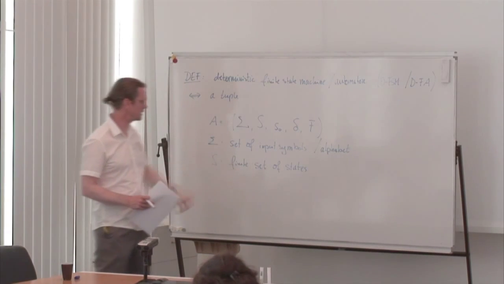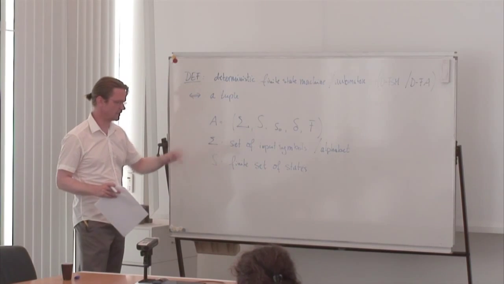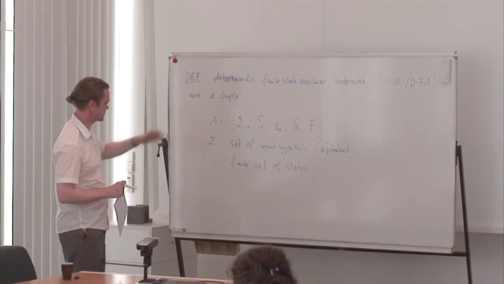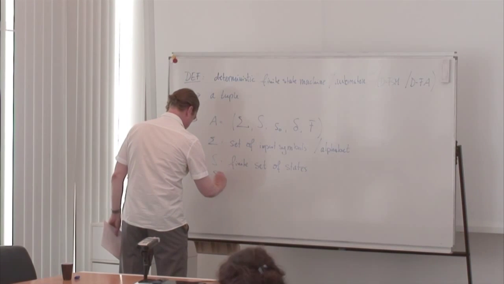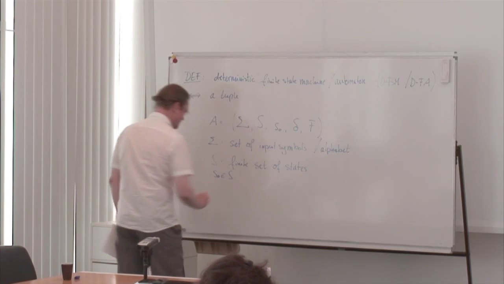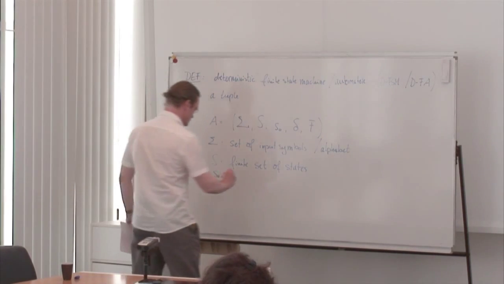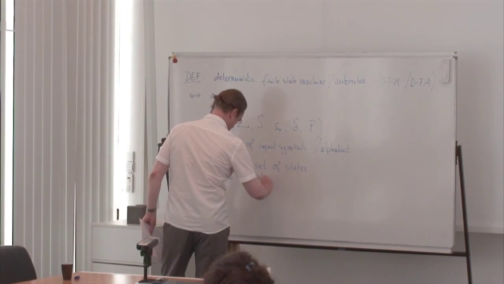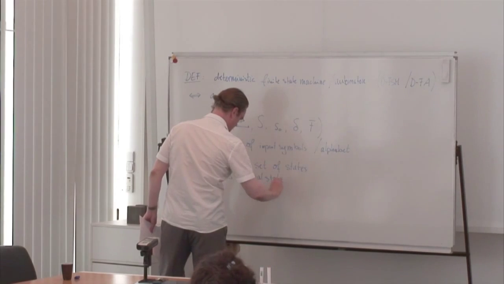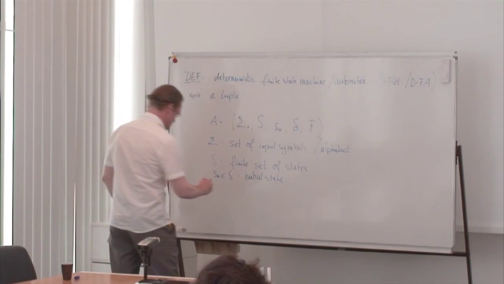So there are just a finite countable number of distinguishable states in such an automaton. This S naught is an element in this set of states, and it is called the initial state.